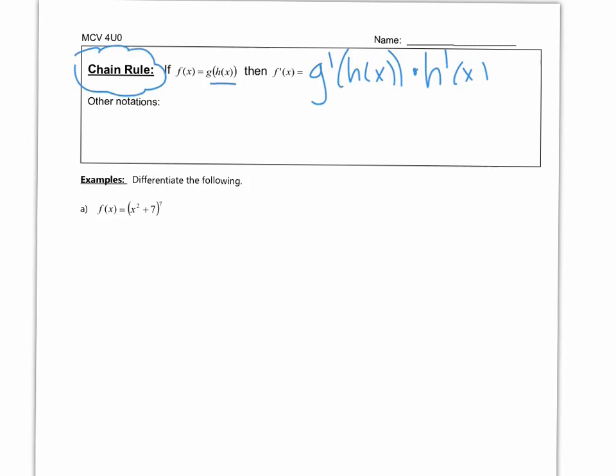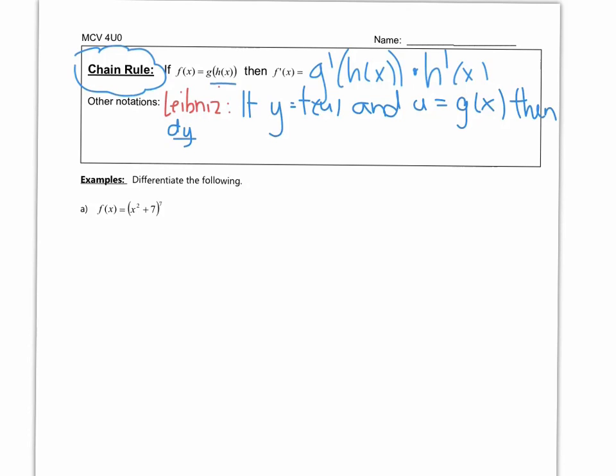Okay, so just using some of the other notations, we've talked before about this Leibniz notation. That simply says that if y equals f at u, and u equals g of x, then the derivative of y with respect to x is first we take the derivative of y with respect to u.